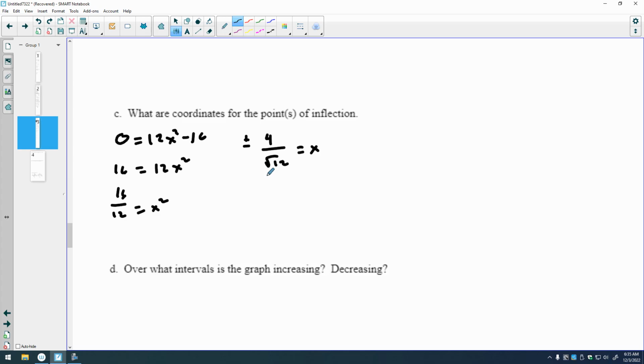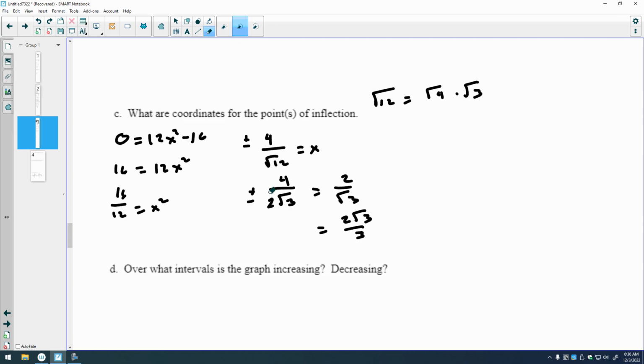We could reduce that some. I do on my answer key. 12 can be broken down into, I'll just show you what I did, 4 and 3. Square root of 4 is 2. So the bottom becomes 2 root 3, which can be broken down into 2 over root 3, which can be broken down into 2 root 3 over 3. So there's where that whole mess came from.